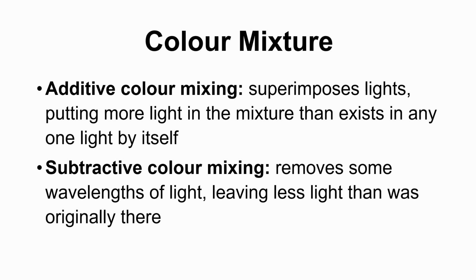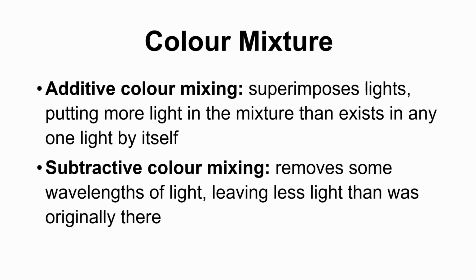But I find that a lot of students only have experience with color mixing in terms of, say, mixing paints together. So if you think back to grade school, when you did finger painting and you'd mix yellow paint and red paint and you'd get orange paint, that is what we would call subtractive color mixing.